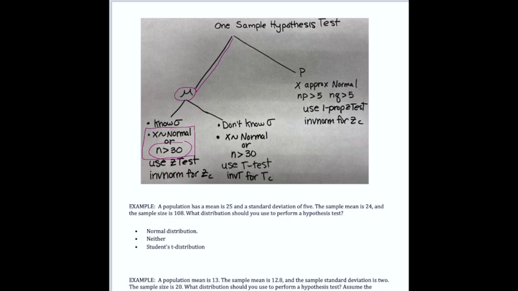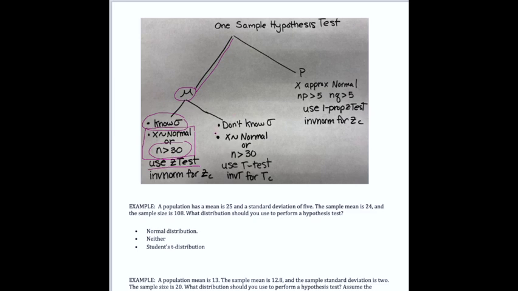So we need to either know that the underlying distribution is normal, or that the sample size is bigger than 30. If we satisfy one or both of these and we know what the population standard deviation is, then we would use the z-test, meaning we would use the normal distribution to perform this hypothesis test.